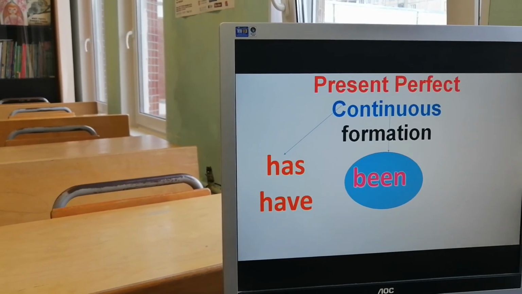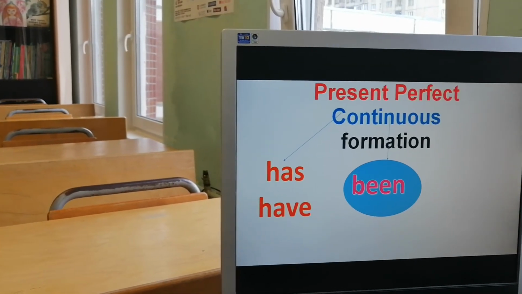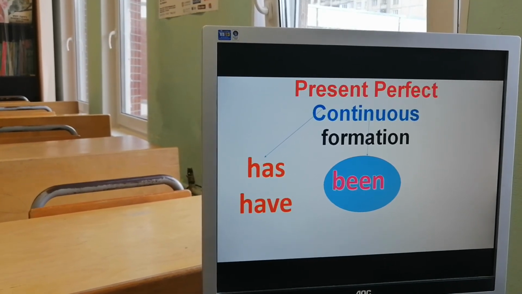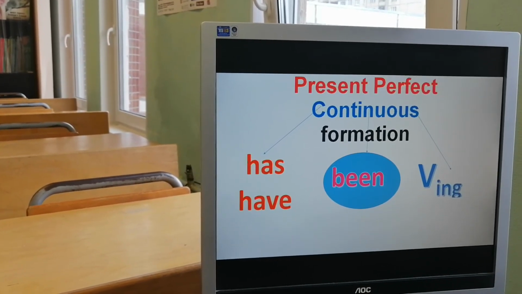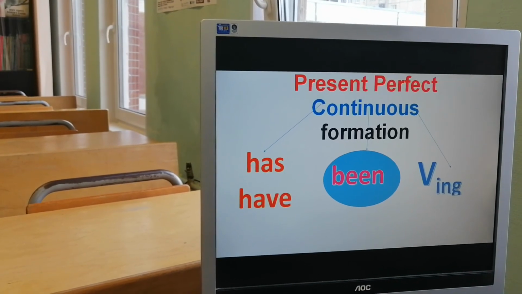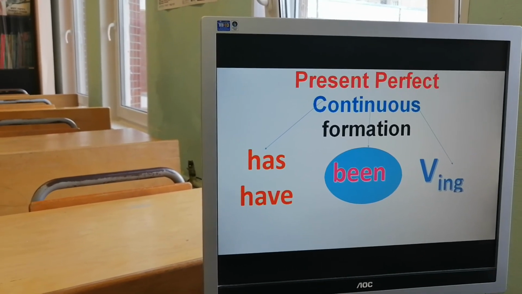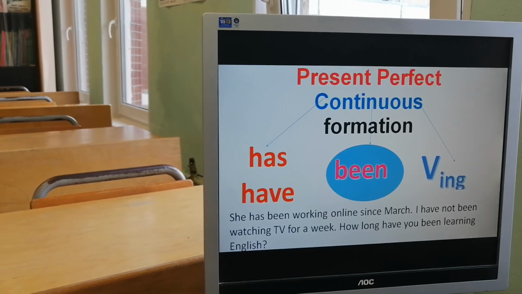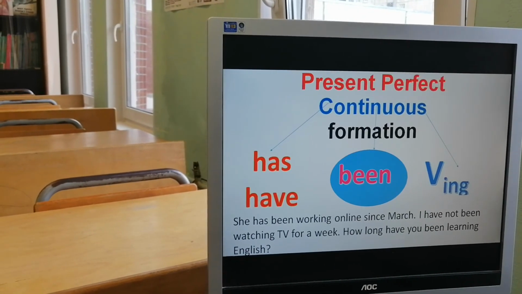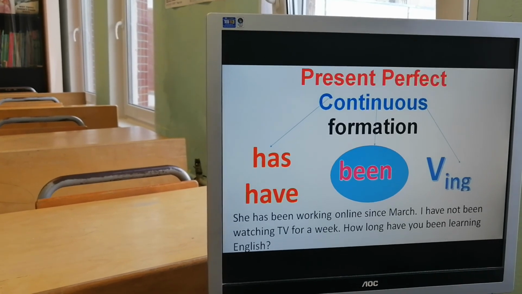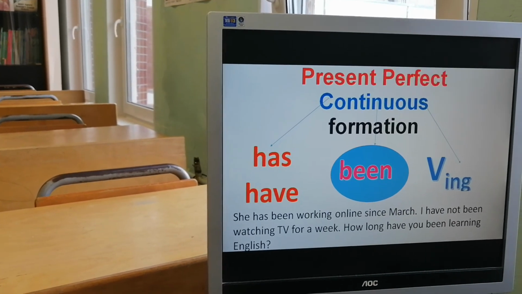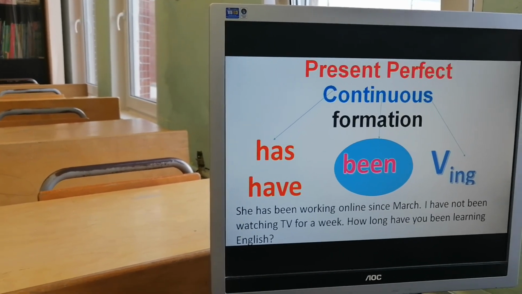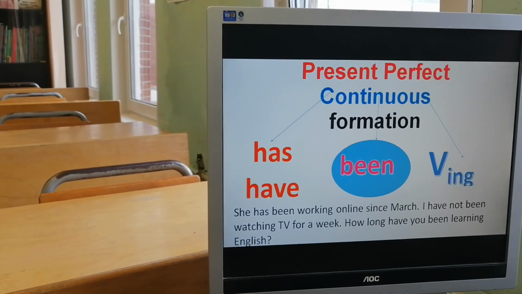And because it is continuous, of course we have the main verb with the ing ending. So, look, she has been working online since March. I have not been watching TV for a week. How long have you been learning English?